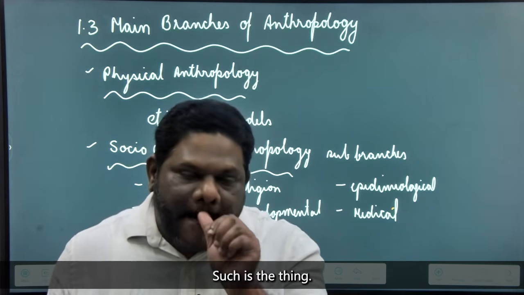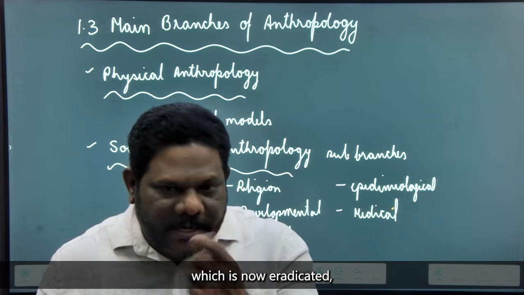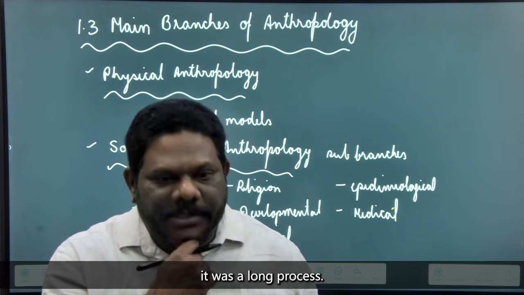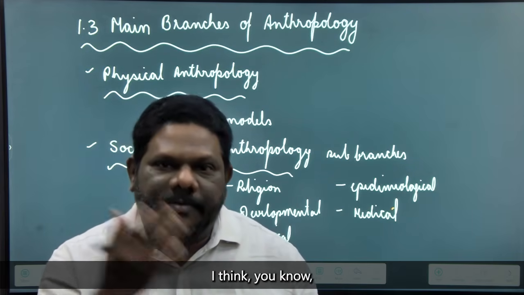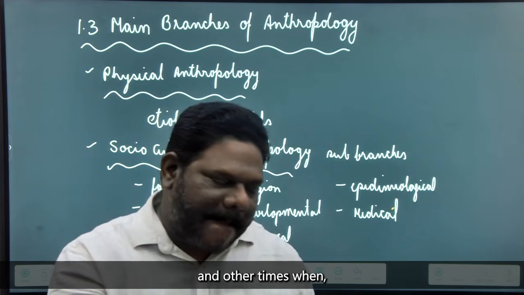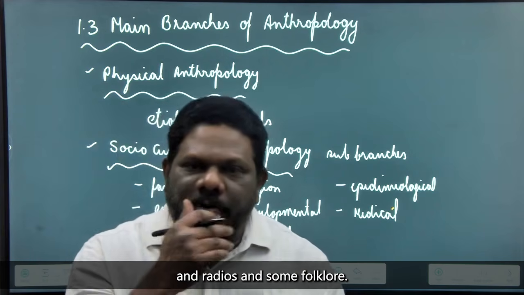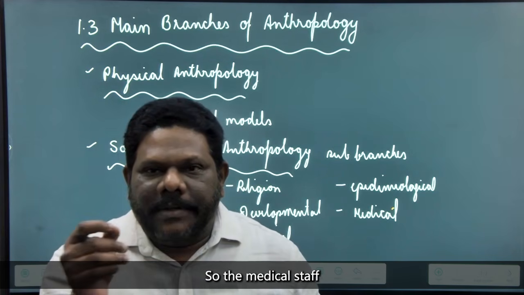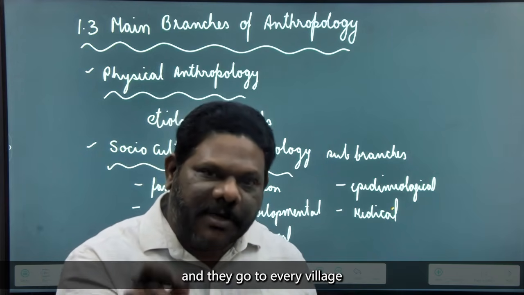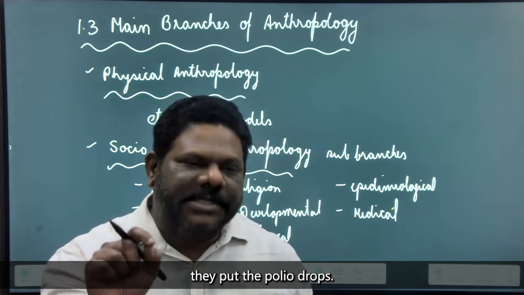Such is the thing. Let me give you one more example. You know polio, no? Which is now eradicated because of the vaccine, and it was a long process. Earlier, in the time of Doordarshan, when TV was only a rarity, and there were radios and some folklore, the paramedical and government medical staff would go to every village, every hamlet. They would give polio drops and sometimes injections.